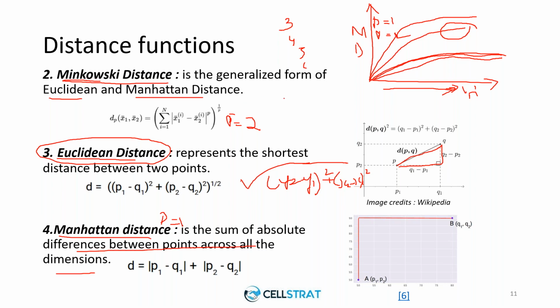Let's say you have a lot of features, it's not necessary that you have only 2 features. You will have n number of features. In those scenarios, when you use a higher p-value, it doesn't give any difference. So that's the reason why people restrict themselves to p equal to 2, and you get the Euclidean distance. And today we'll be using Euclidean distance for k-means.